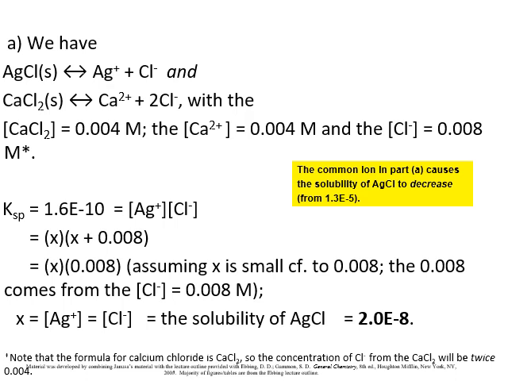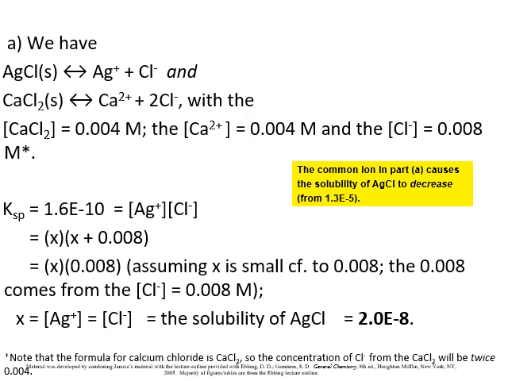So our main equilibrium is AgCl gives Ag plus Cl minus, and the amount of Cl here would be 0.004 times 2, so we will not write 0.004 as I said in the previous slide. We have to multiply it by 2 because I forgot that the calcium chloride breaks up into Ca 2 plus and 2 Cl minus.